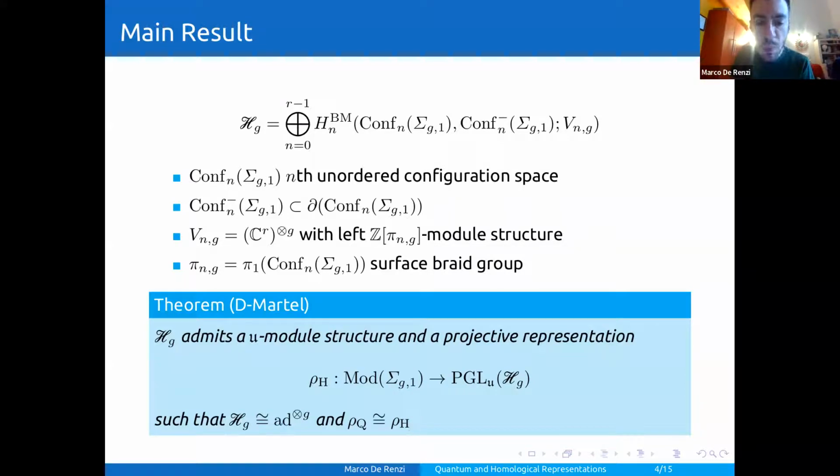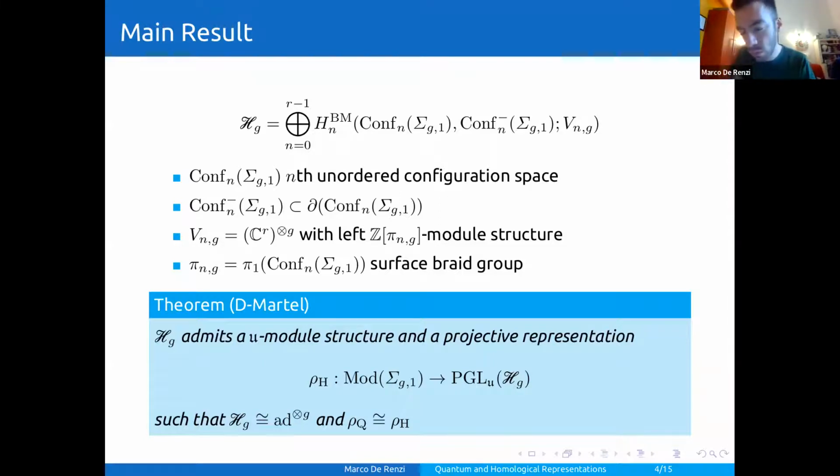A quick comment on this statement is that, of course, every time you have a vector space of the same dimension as this one, you can use a linear isomorphism between these two spaces to push forward all the nice algebraic structures we have on the g-th tensor power of the adjoint representation. This is very artificial, not interesting and not deep.